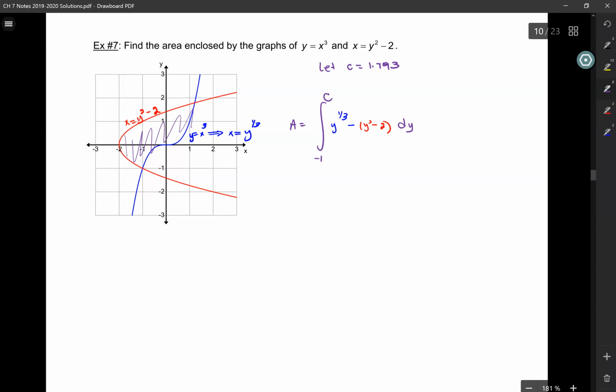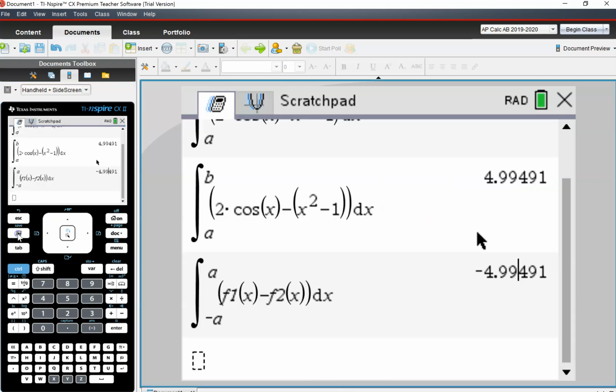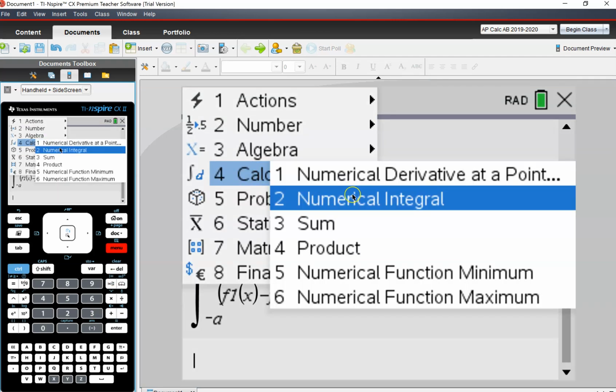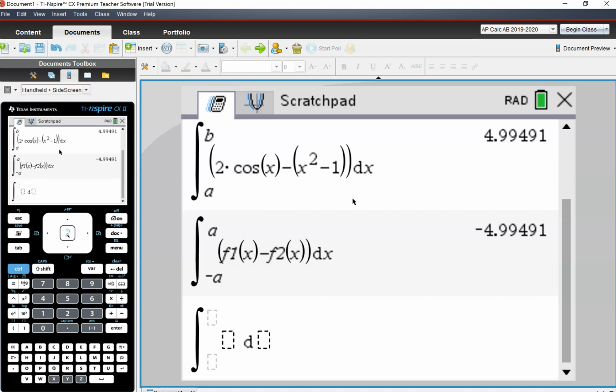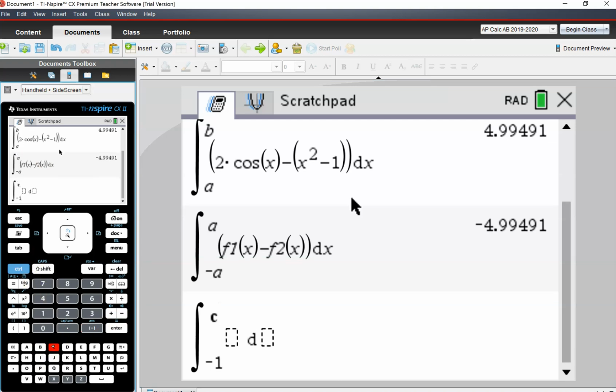And now I'm just going to integrate this in the calculator. So I'm going to do menu, calculus, numerical integral. And we're going to go from -1 to C. And you put in your y's this time, but in terms of x's.